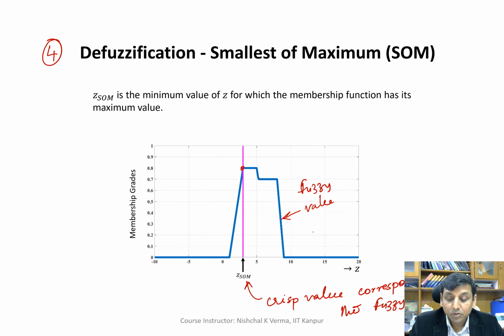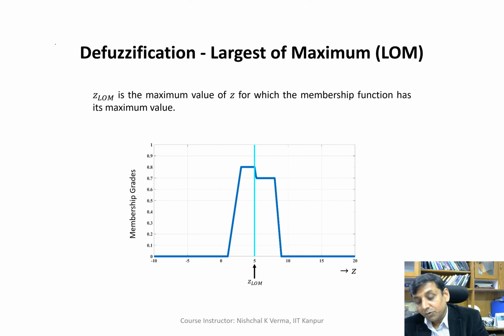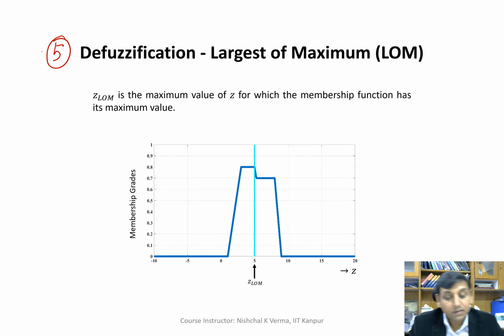Okay, so then comes the fifth one, which is the largest of maximum. So if this is the fuzzy value here, this section again is the maximum. In this section we see which one is the largest. The largest of the maximum will lie here, at this endpoint, and the corresponding output value, that is Z, is the crisp value.